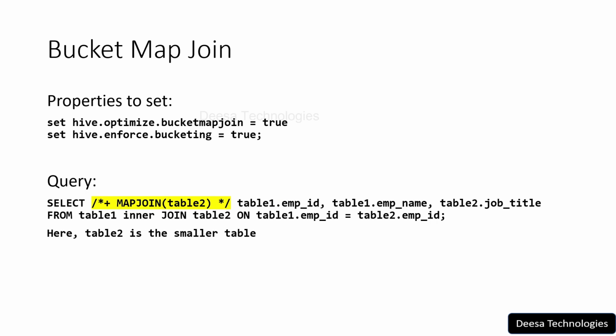So the first thing that we want to talk about is bucket map join. For bucket map join to take place, we have to set two conditions. First thing is both the join tables must be bucketed. So if you have two tables, table 1 and table 2, both of them should be bucketed. Again, we talked about what a bucket is. We divide the data into ranges, small buckets, kind of small part files.